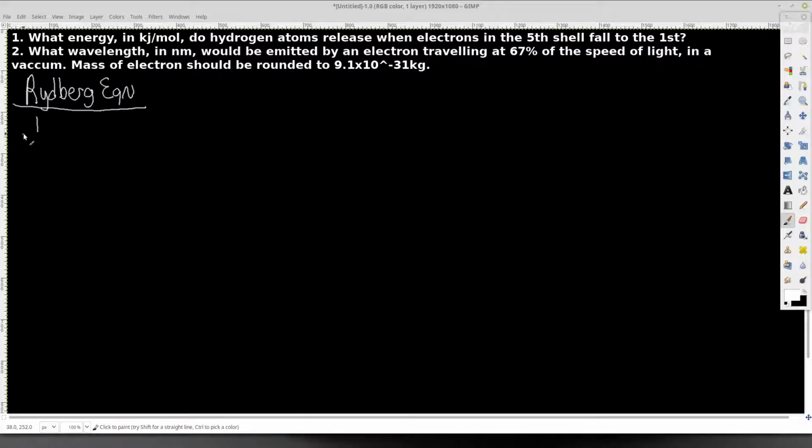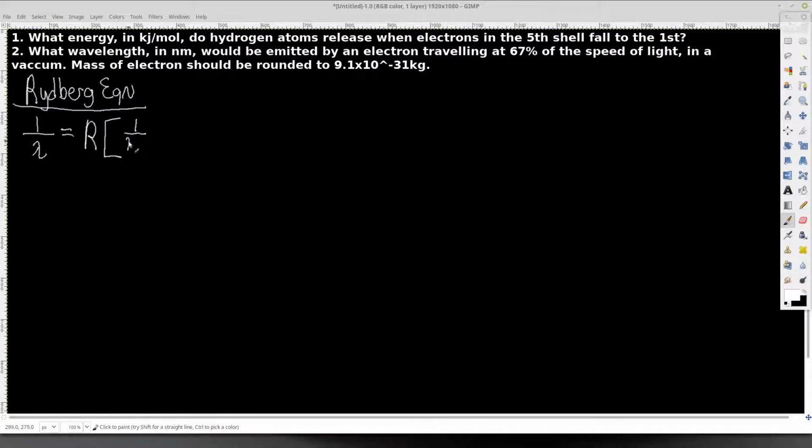It's 1 over lambda, and that's basically the wavelength. 1 over lambda equals R. Now the R is the Rydberg constant, so we'll need that. And then we'll take that constant and multiply it by the following: 1 over N squared.